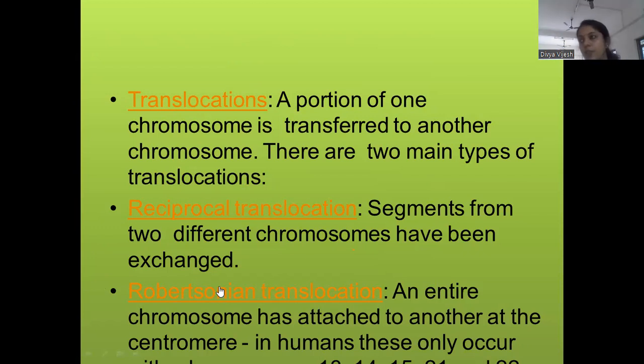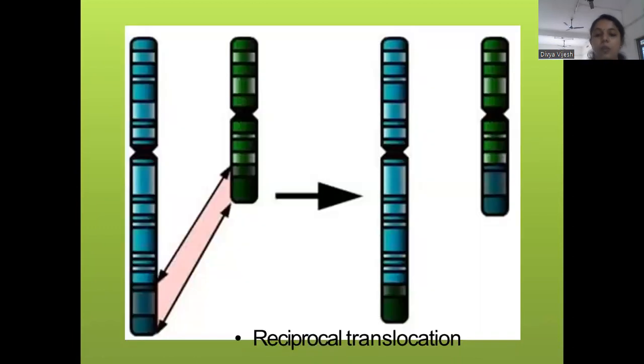In reciprocal translocation, segments from two different chromosomes have been exchanged. But in Robertsonian translocation, an entire chromosome has attached to another at the centromere.